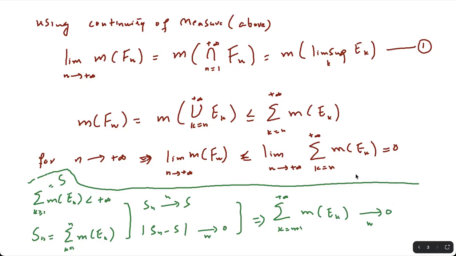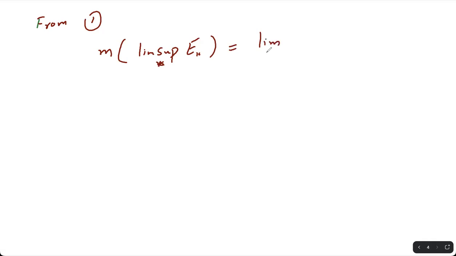So this is equal to 0, and from 1, the measure of the limit sup of Ek is equal to the limit of measure of Fn, that is exactly equal to 0.